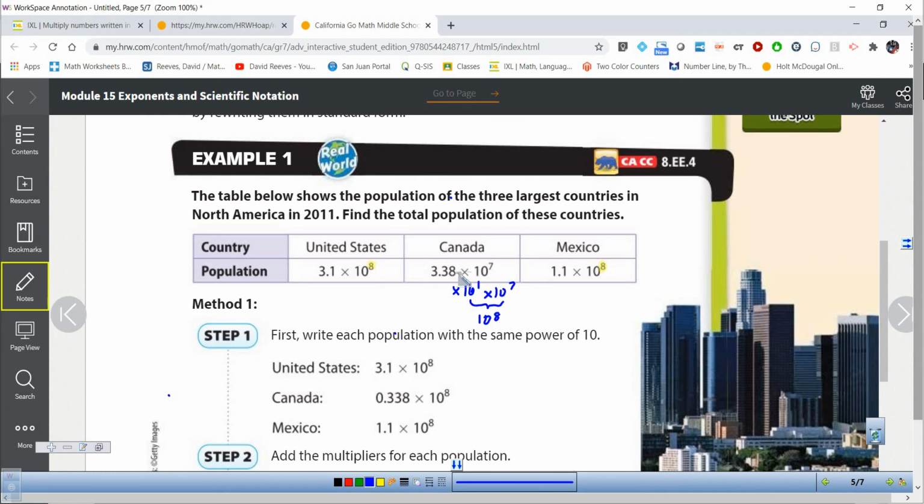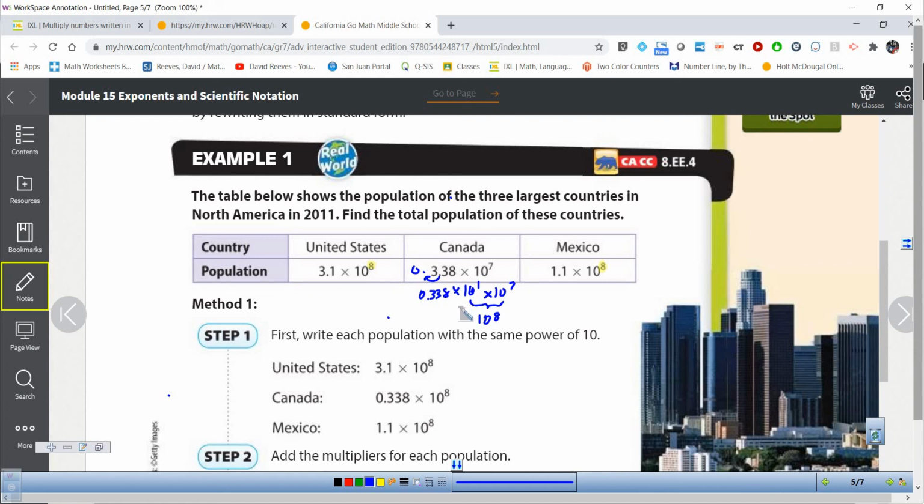So I had 3.38, but now I'm making it 10 times bigger by multiplying by 10. So this part has to get 10 times smaller, so I have to move the decimal over. So I get 0.338 times 10 to the 1st. Let me try that again.